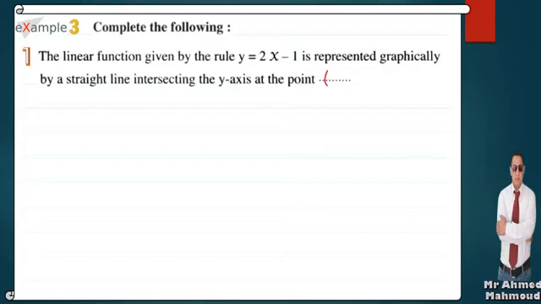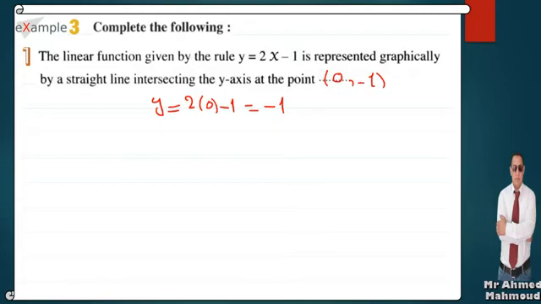First, the point of the intersection of the y-axis is 0 and a number. Then I'm going to put 0 in place of x, then y equals 2 times 0 minus 1, which is 0 minus 1, negative 1. Then this one is negative 1.